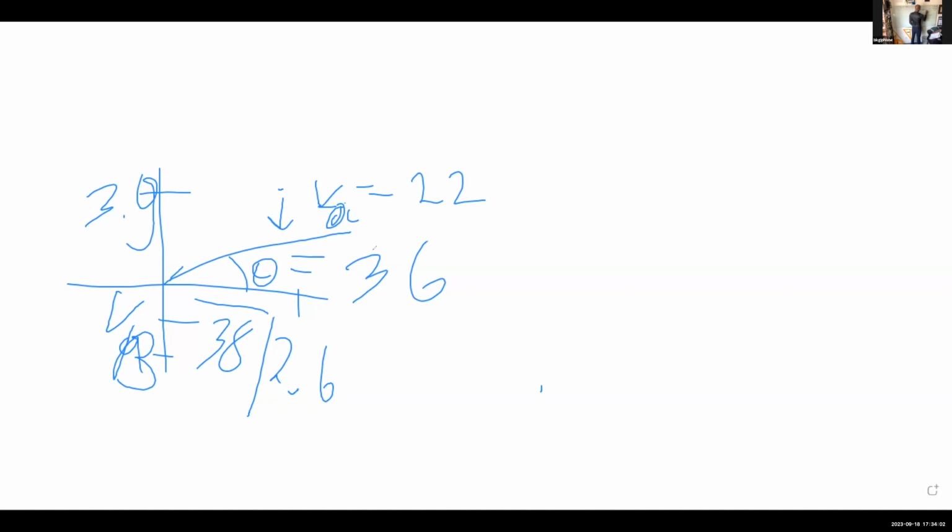So that was going to be vb times the cosine of your angle, which is 36, and your vb was 38. So 38 times the cosine of 36. Agreed? So the x component of both v and the overall line between them is 38 times cosine 36.